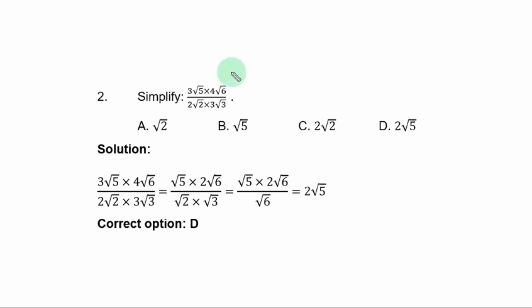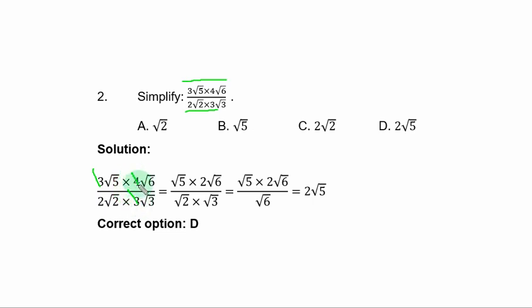Question 2. Simplify 3 root 5 times 4 root 6 over 2 root 2 times 3 root 3. All the roots are already in their simplest form. So let's try and reduce the coefficients. 3 cancels 3.